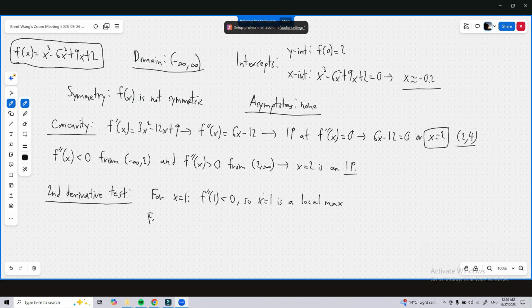For x equals 3, the second derivative is greater than 0, so x equals 3 is a local minimum. And now we are ready to sketch the curve.